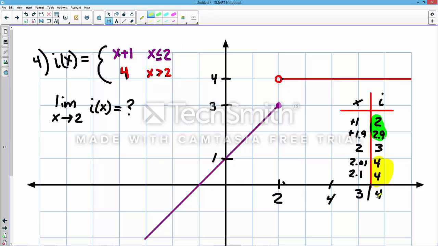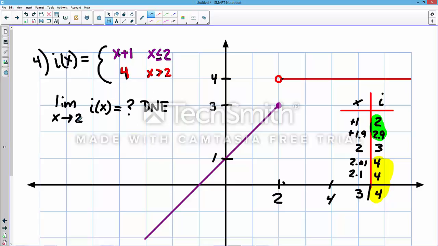So the point is, from the left side, it's approaching 3, but from the right side, it's not approaching 3. It's approaching 4. So it has no limit, right? Or DNE, does not exist. Okay, so it has no limit as x approaches 2.